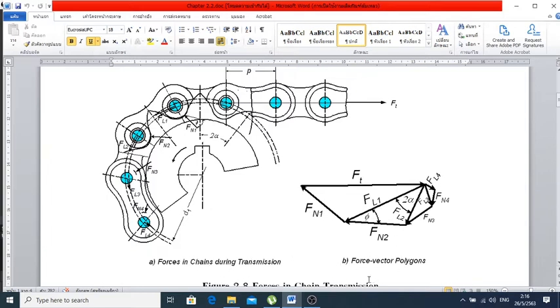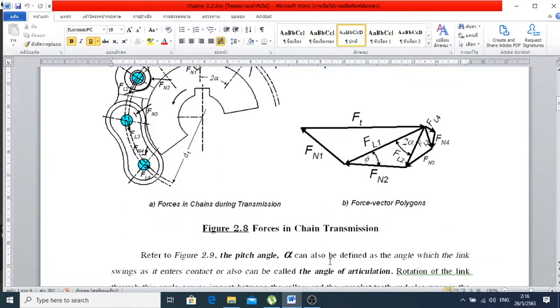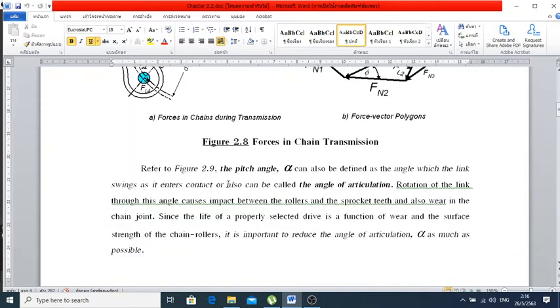So when you apply this to the chain drive transmission, you're going to have a sag induced during the motion. This is going to be the most major concern of the force drive in the chain transmission system. Another one we're going to talk about is the angle alpha, or the angle of contact, or angle of articulation.